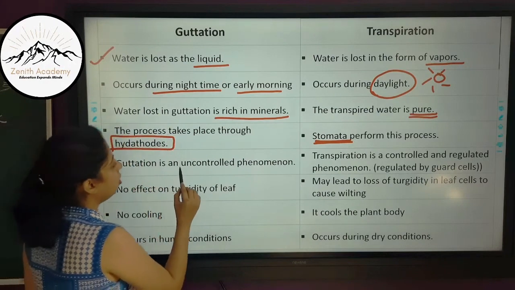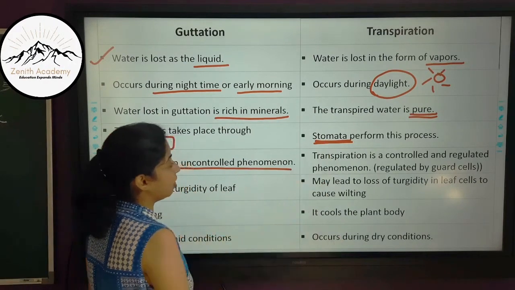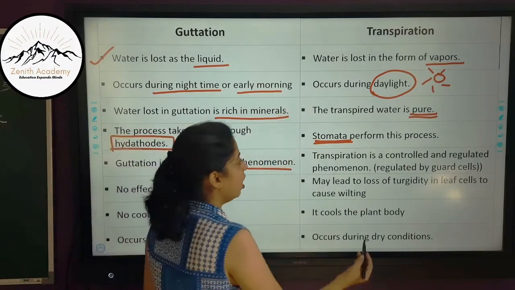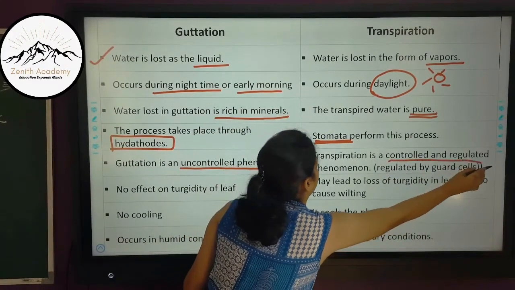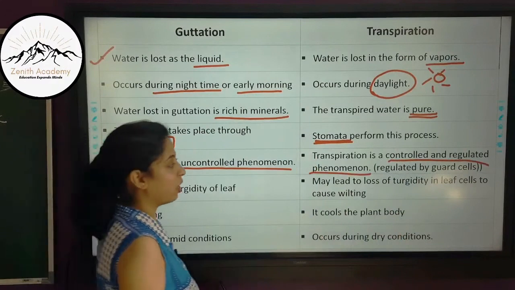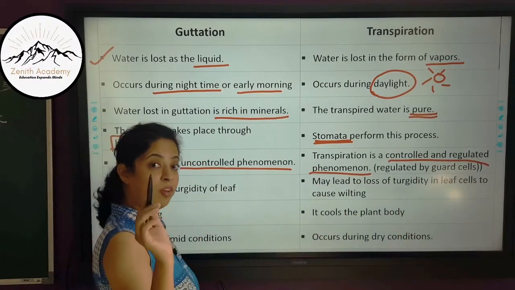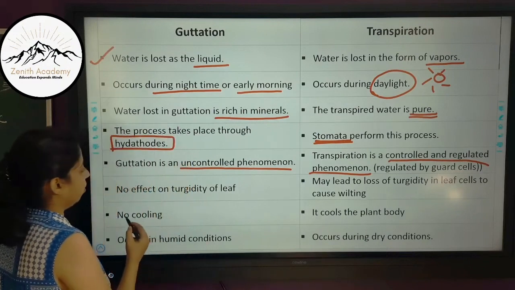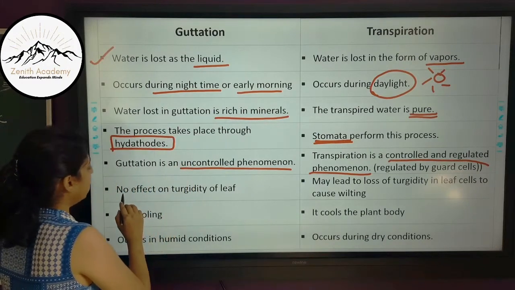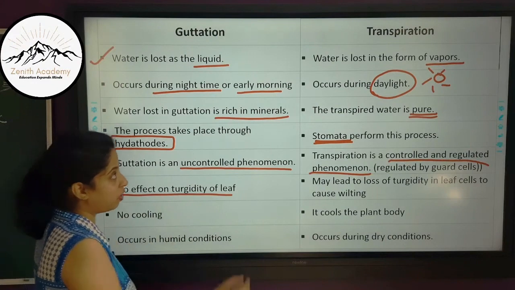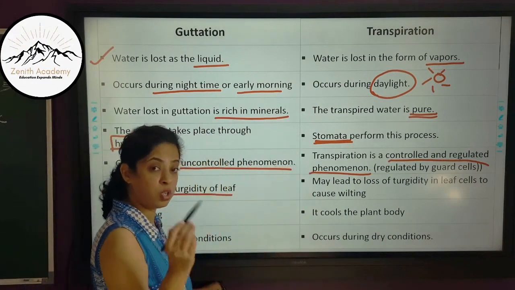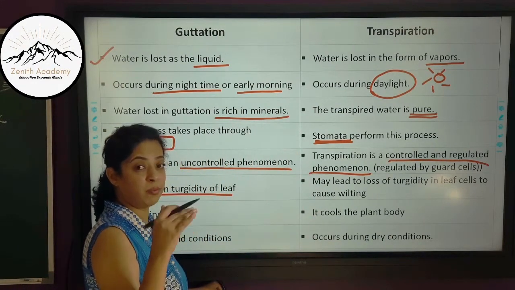Guttation is an uncontrolled phenomenon, whereas we studied last time that transpiration is a regulated and controlled phenomenon which is regulated by guard cells, because guard cells decide whether the stomata will open or close. Now in guttation there is no effect on turgidity of the leaf, whereas in transpiration if water is lost the leaf becomes flaccid.